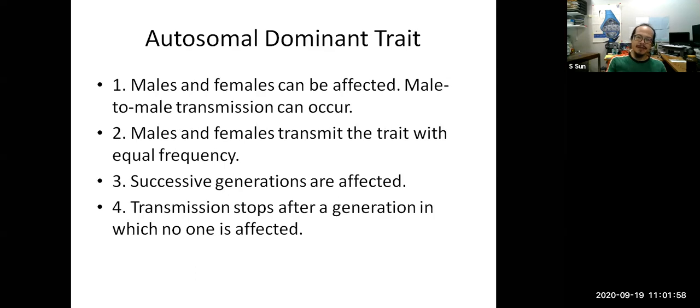Now let's talk about the autosomal trait.